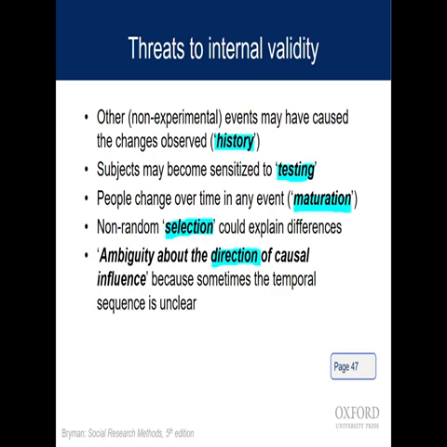Now this next problem, maturation. People change over time in any event. That's called maturation. So what they mean by that is, using the same example of this study, the study goes on for quite a long time, 8 months. That's what a school year is, like 9 months, and then you take out summer, so it's basically almost a school year.